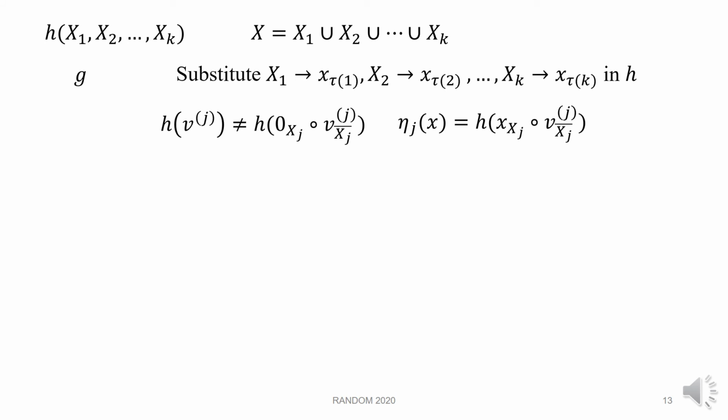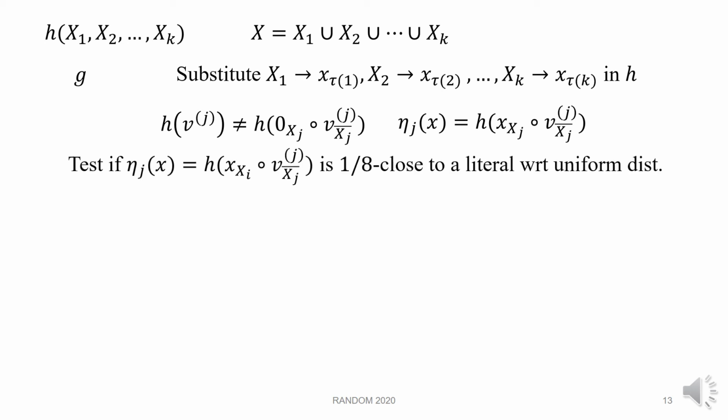We define eta_j(x) equal h, where we project xj to the vector x and the other variables to the witness vj. We test if eta_j is 1/8 close to a literal with respect to uniform distribution for every j. If not, then we reject.